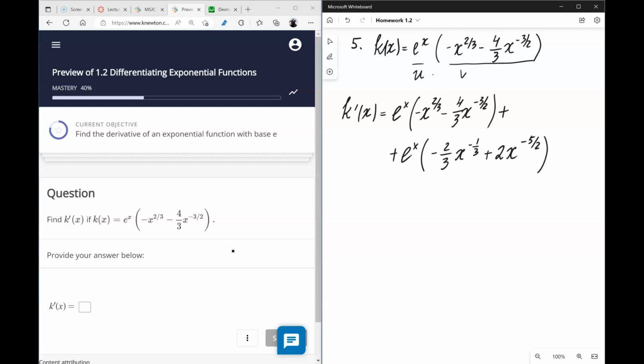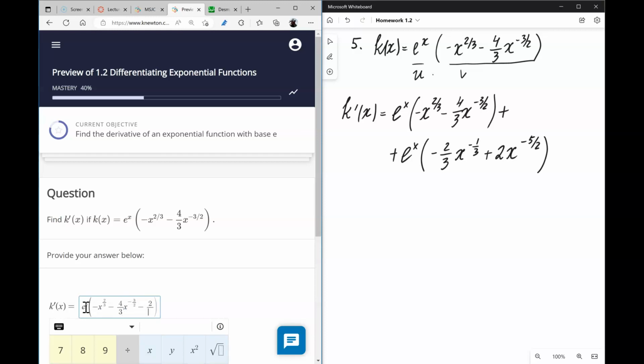We can, of course, factor out e to the x and simplify it, and that's actually what I'm going to do when I'm writing the answer. So here we have negative x to the power 2/3 minus 4/3 x to the power negative 3/2 minus 2/3 x to the power negative 1/3 plus 2x to the power negative 5/2.